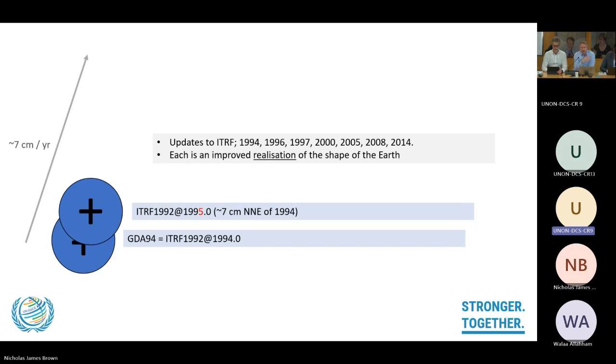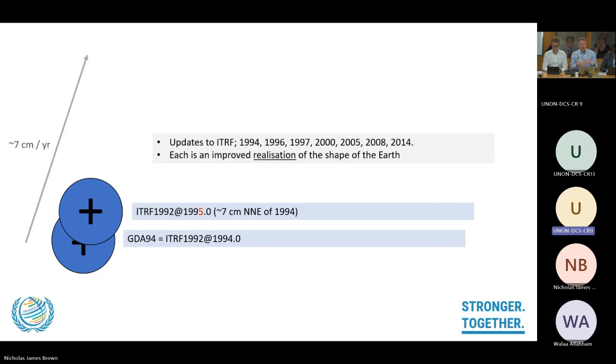The reason that they did an update to each ITRF is because someone from the SLR or the VLBI or the GNSS or the DORIS community was able to convince the members of the International Association of Geodesy that something has changed in the way that we collect data or analyze data, and we think we can come up with a better determination of what the model of the Earth looks like.